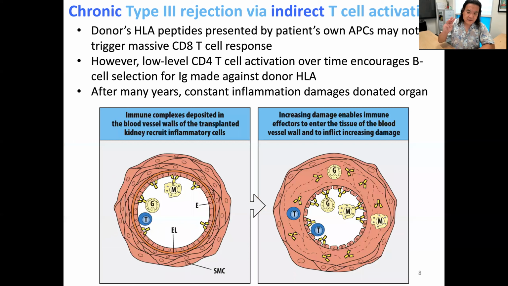Chronic or type 3 rejection involves more indirect T cell activation. So in this case, maybe you don't have acute rejection. Maybe, for example, the HLA types were close enough that you don't have T cells in the recipient that really freak out against the new kidney.